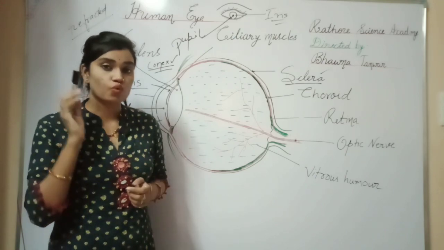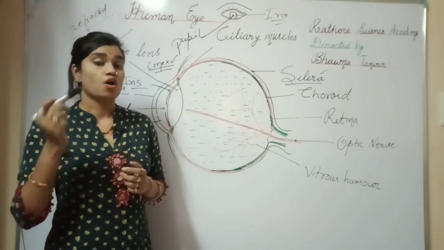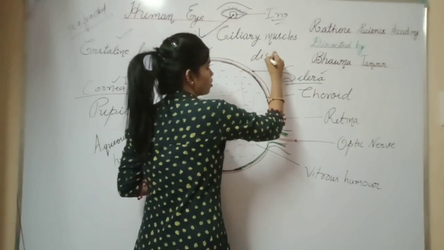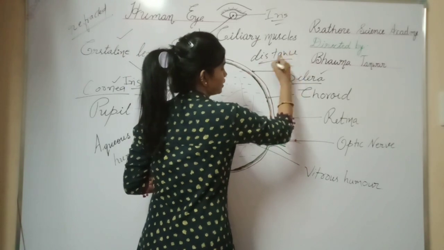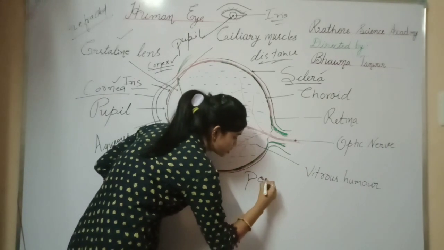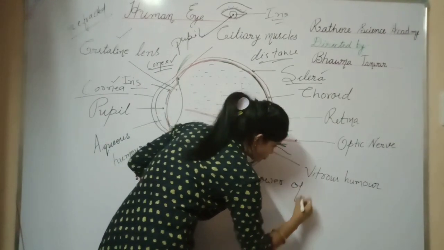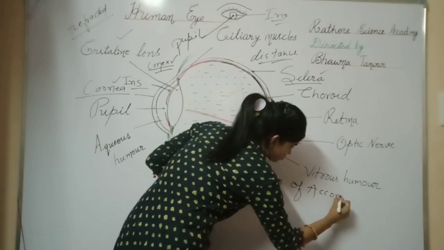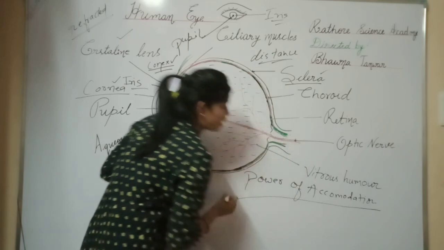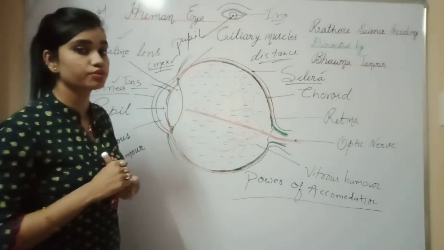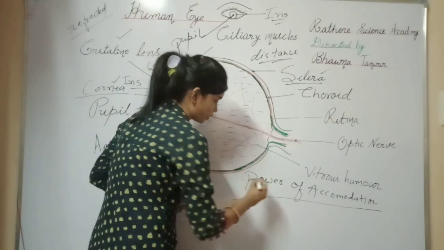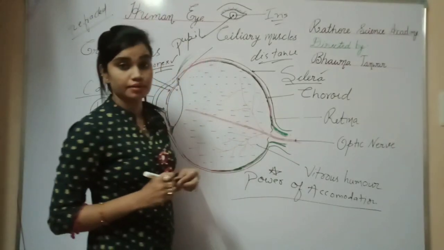So this focal length of the eye increasing or decreasing depending on the distance of the object is known as the power of accommodation of the eye. Very important. It had been asked previously.